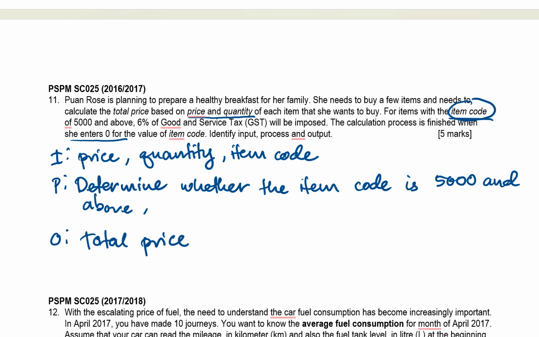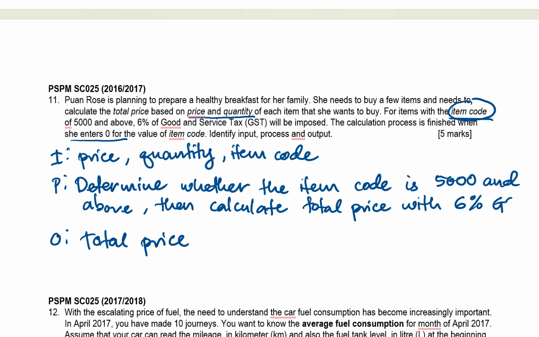Then what do you have to do? Then calculate total price with 6% GST repeatedly until item code is 0.